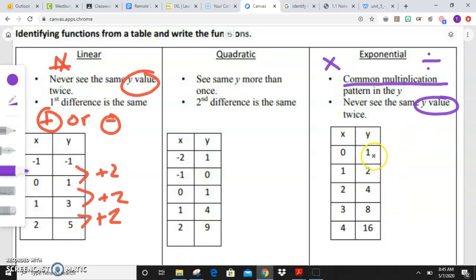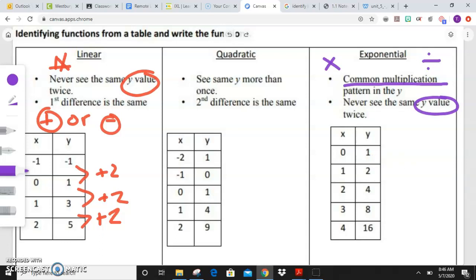Even if I was just doing this and I was saying adding, here this is +1, and then right here this is +2. So automatically I know it's not linear because these numbers aren't the same. So I'm going to erase that because I know it's not going to be adding.